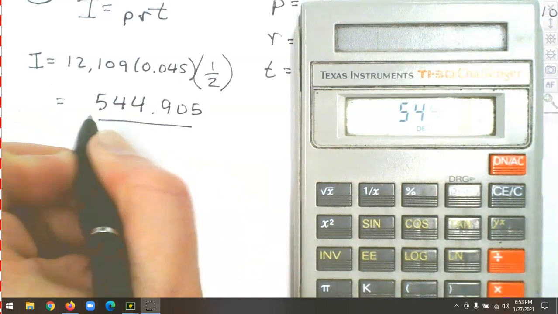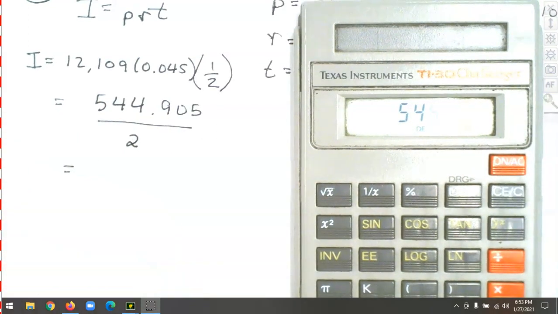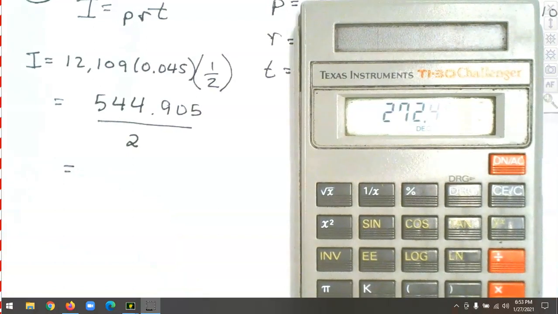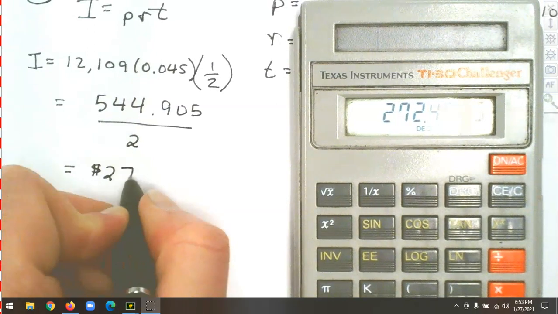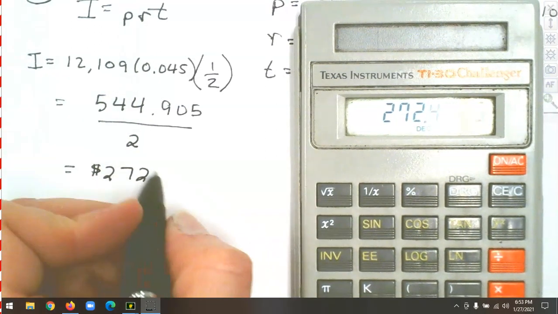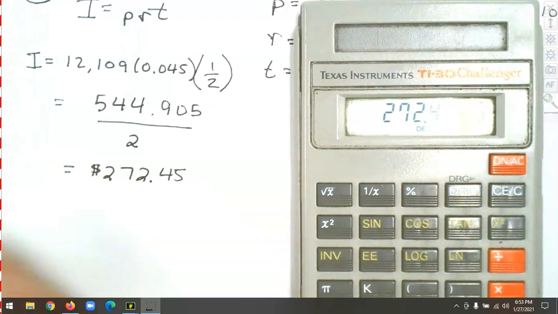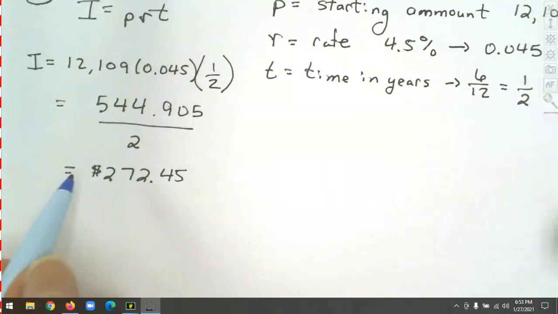We're going to then divide that by 2, and that gives us our interest, which to the nearest cent is $272.45. So that's part of our answer, and that's how much the interest is.